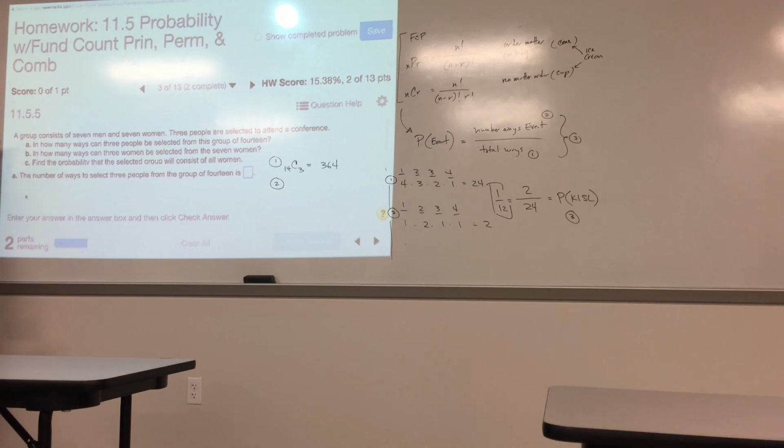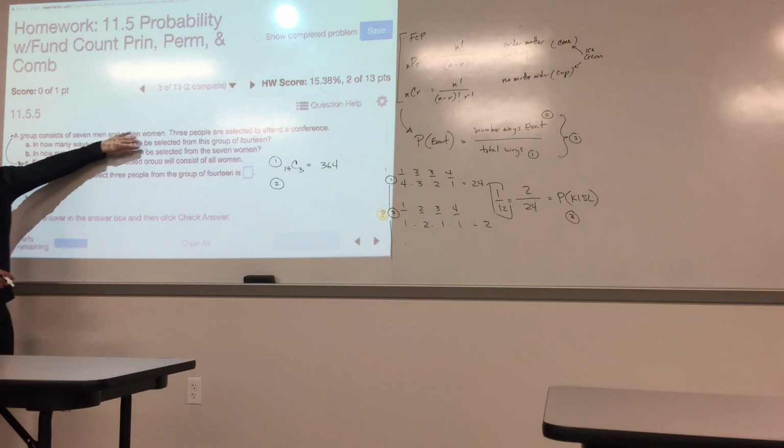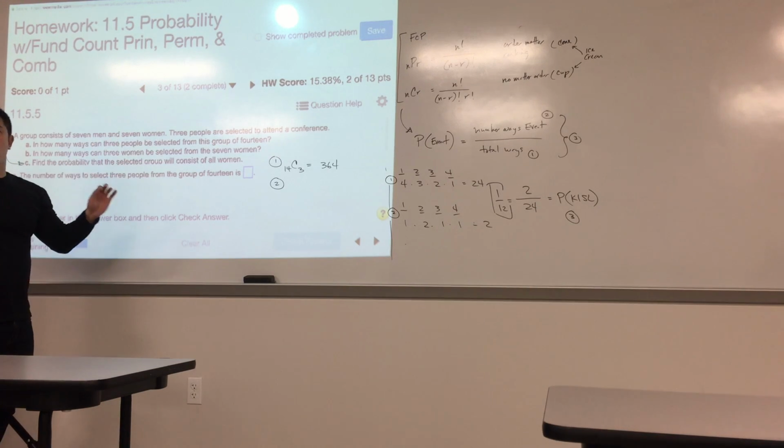I just want to go straight to this statement first, and then jumping straight as if it's a real problem. Most problems are not going to walk you through A and B. Let's go here. Find the probability that the selected group will consist of all women.